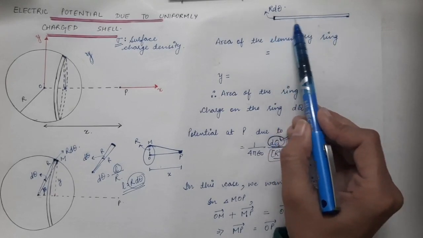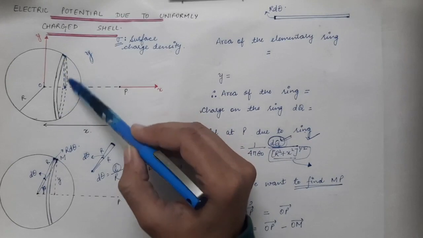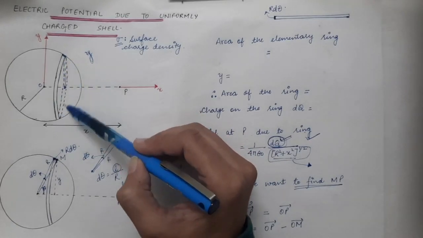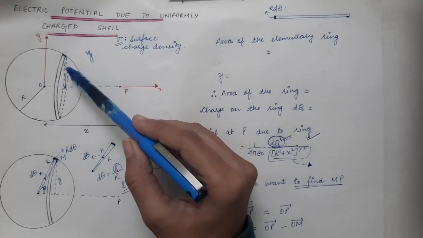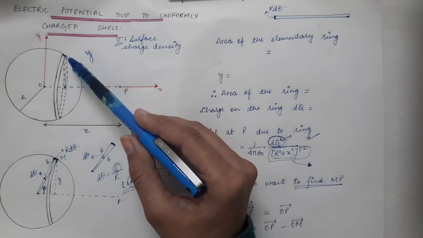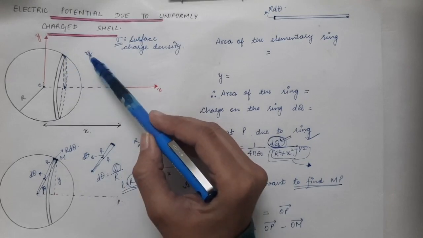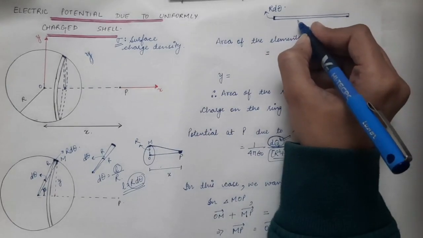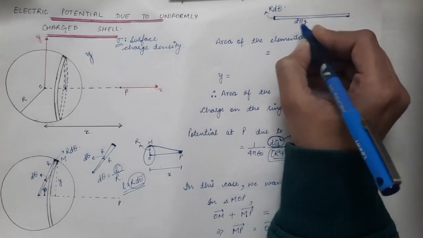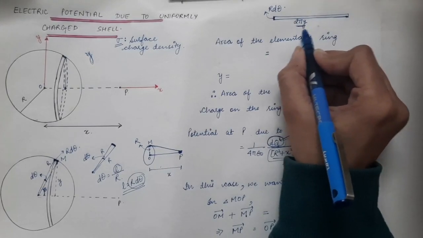So this whole length will be equal to the circumference of this ring, and the circumference of a circle is equal to 2 pi into the radius. So we have 2 pi r, but in this case the radius of the ring is y, so the circumference will be equal to 2 pi y. So the whole length of the rectangle over here will be equal to 2 pi y.